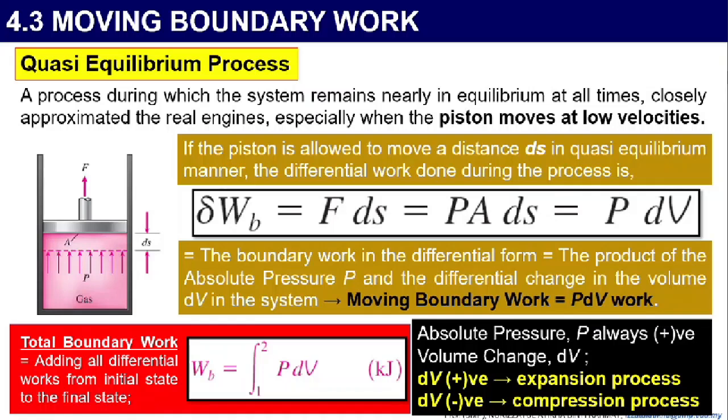Then this is the equation that you need to use. If we have several systems altogether, then you have to add the total boundary work by using integration. For one system from point 1 to point 2, how much is the total moving boundary work? The unit is kilojoule.